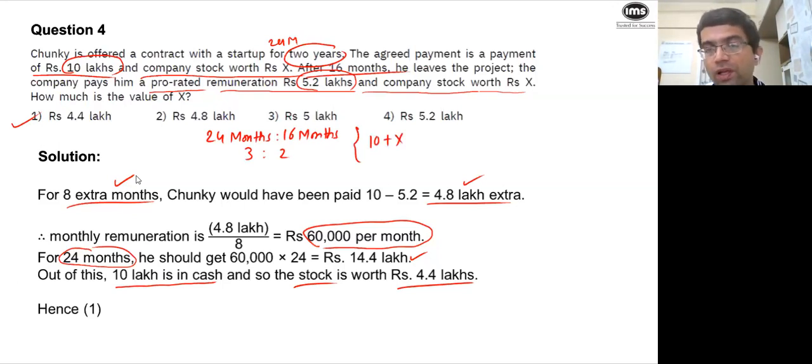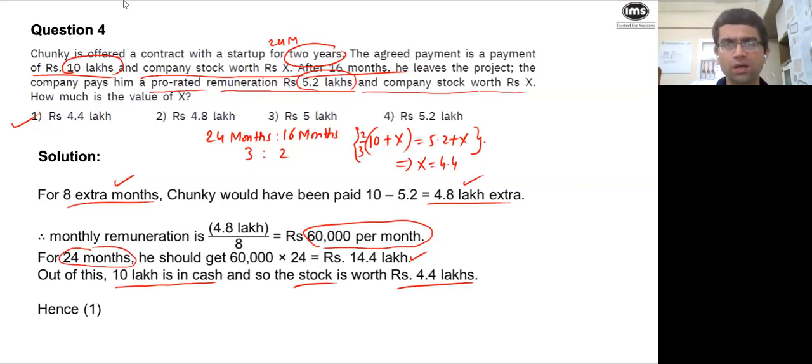But I am only going to give him two-third of 10 plus X, isn't it? And that will happen to be 5.2 plus X. Solve for X. That is another way to go about it. It will give you the same answer of X as 4.4. So out of the initial commitment, I only give two-third of that commitment.